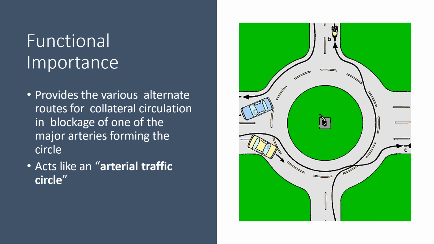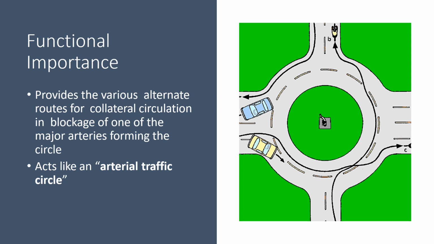Therefore, the right half of the brain is supplied by the right vertebral and right internal carotid arteries, whereas the left of the brain is supplied by the left vertebral and left internal carotid arteries.